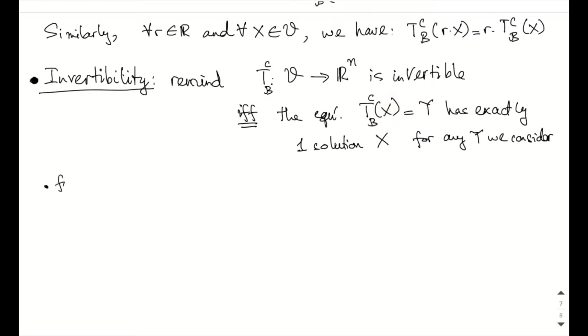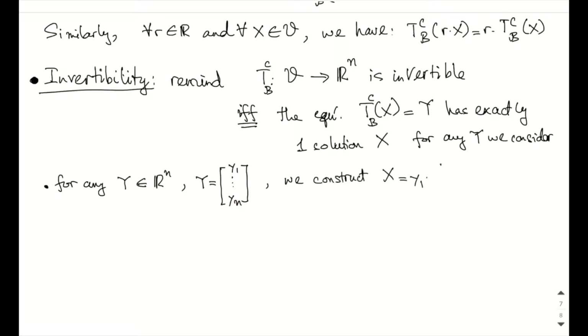So for any y in Rn, y has to be explicitly written in the form y1 up to yn. We are going to construct the x so that its coordinate is exactly the y's value that we have here. So we construct the x to be y1 times capital X1 up to yn times capital Xn.